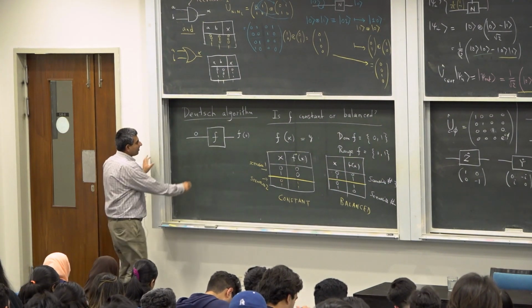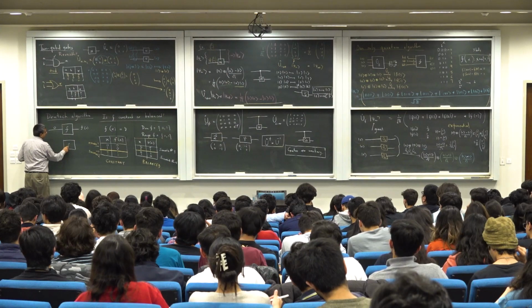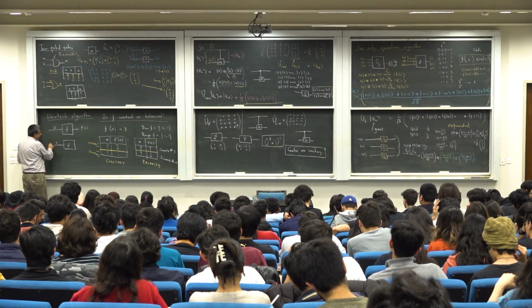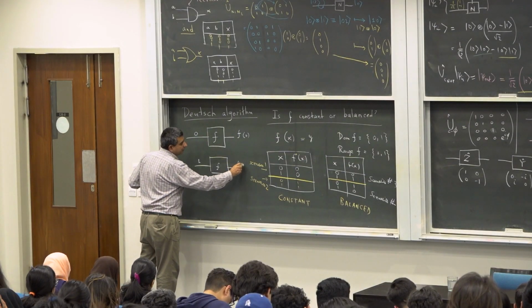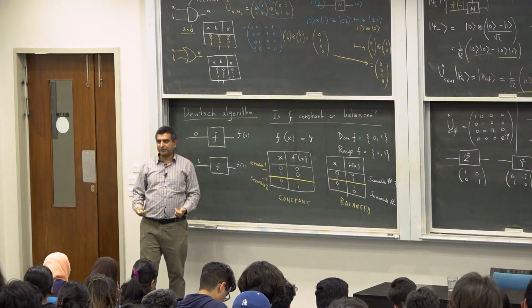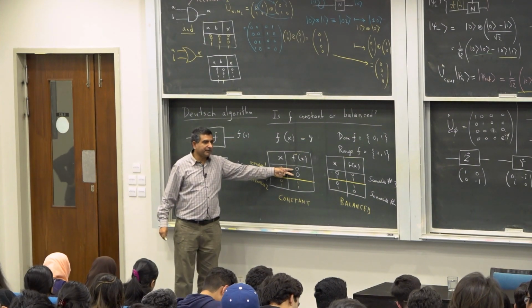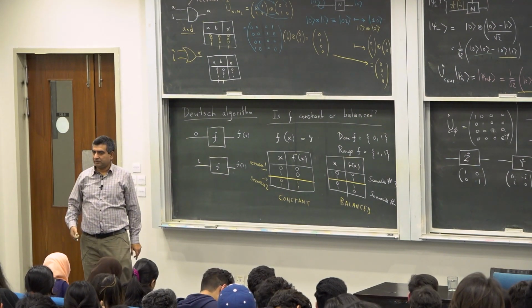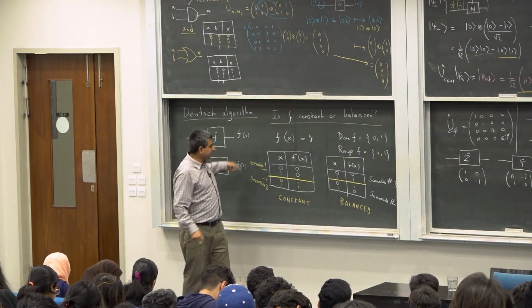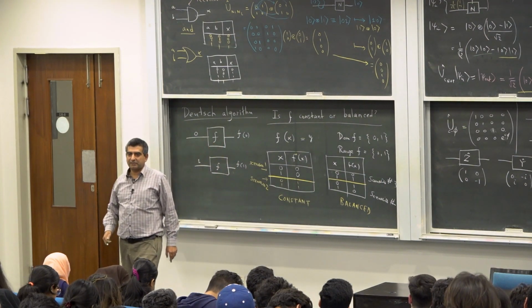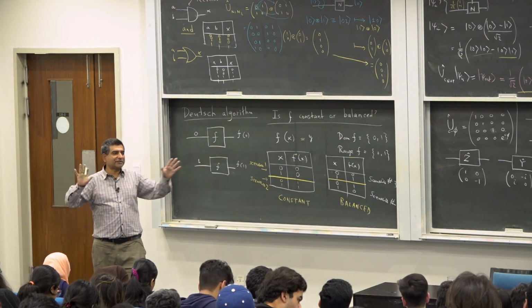So you would take the same calculator and now initialize your input so that it's 1, and you find out what the output is. That will be the function acting on 1. Now you compare these two outputs. If the two outputs are the same, this scenario or this scenario, you declare that the function is constant. And if the outputs are different, you declare that the function is balanced. Got it? This is how you do this classically.